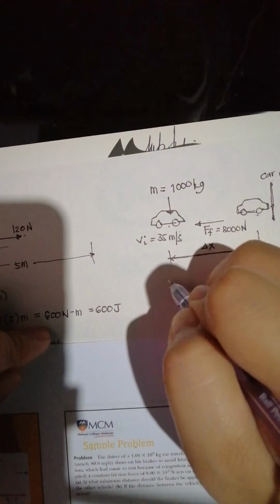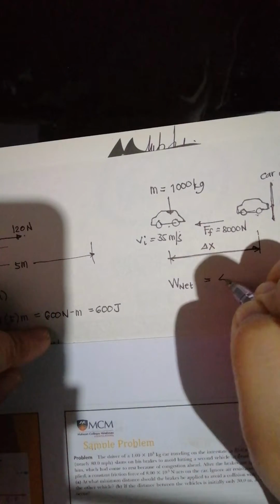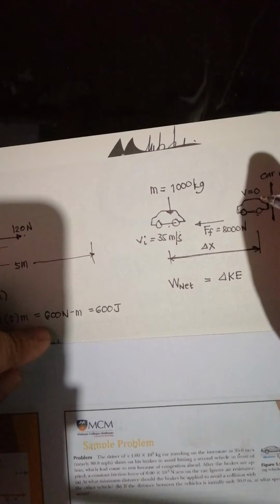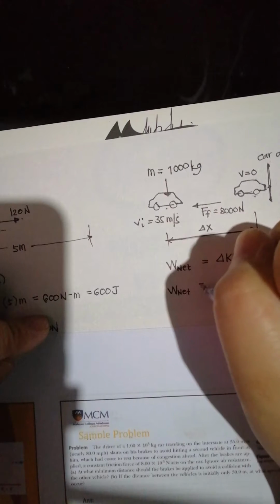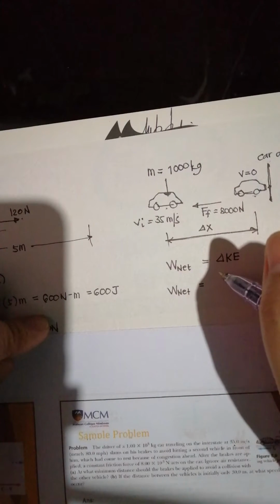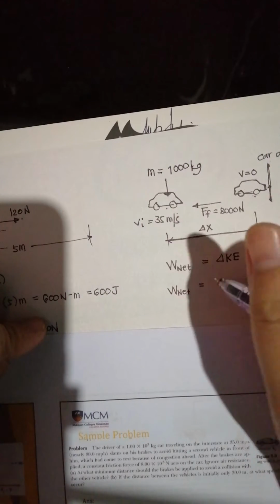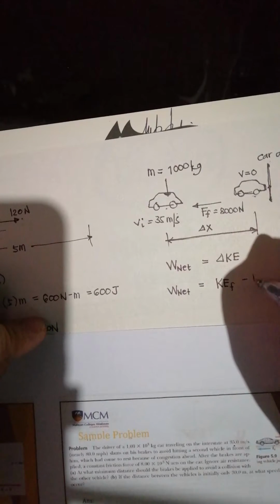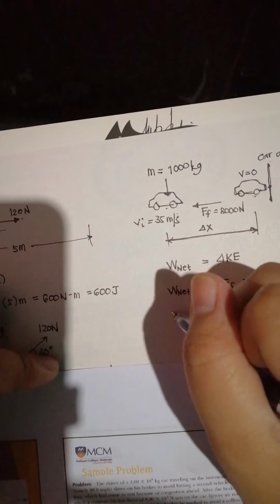So we have our net work is equal to the change in kinetic energy of the object. So here, the velocity is 0. So the net work is equal to the final kinetic energy at the final point minus the kinetic energy at the initial point.